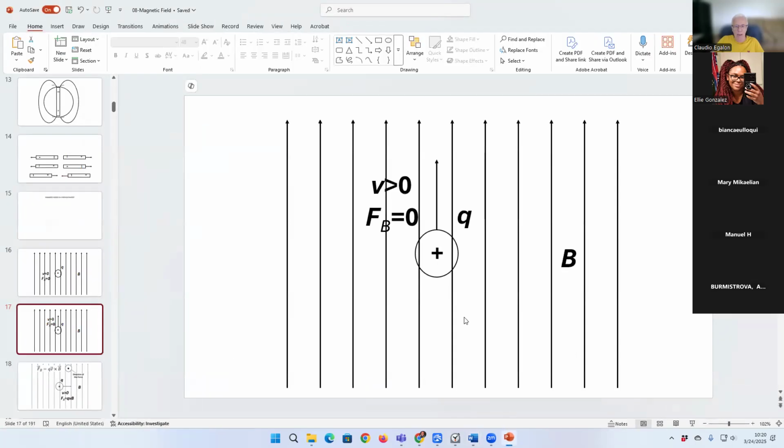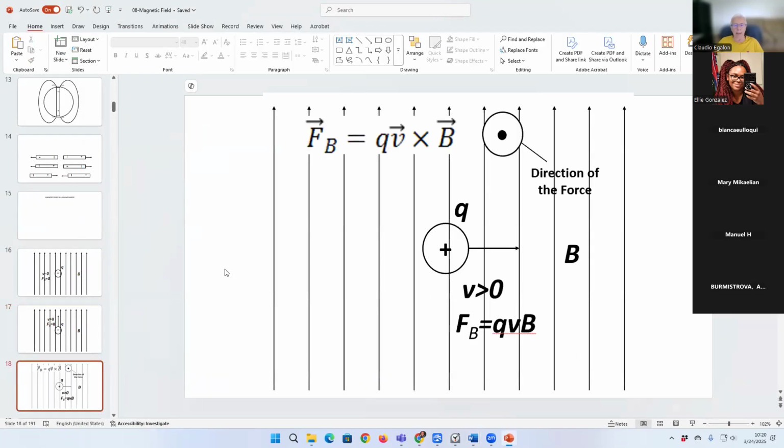Now, the next one: what if the velocity vector of the charge is perpendicular to the magnetic field lines?